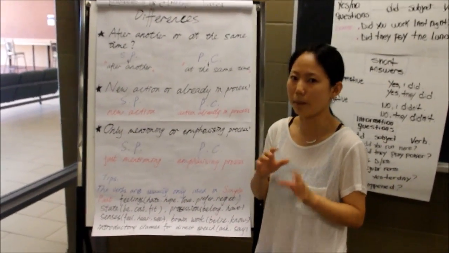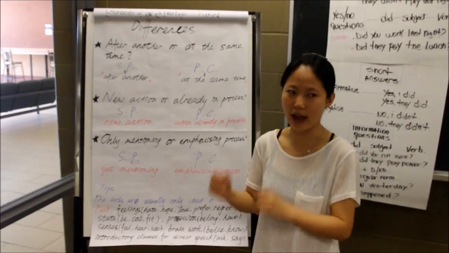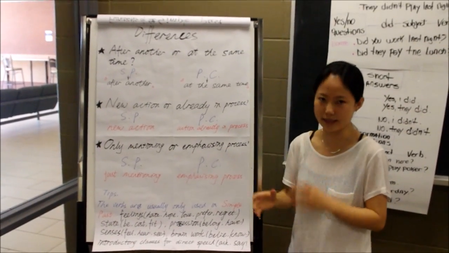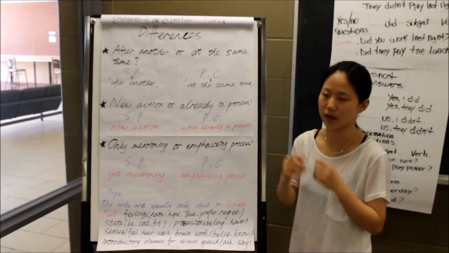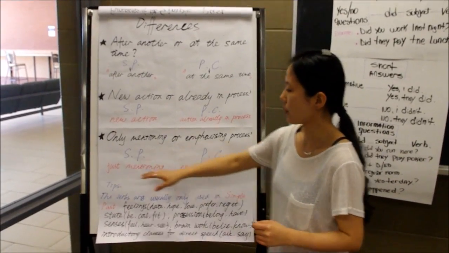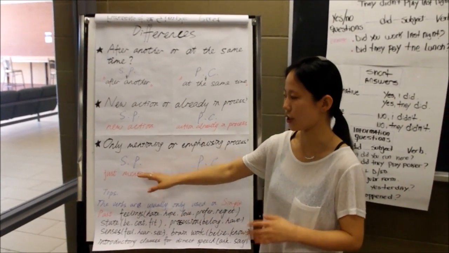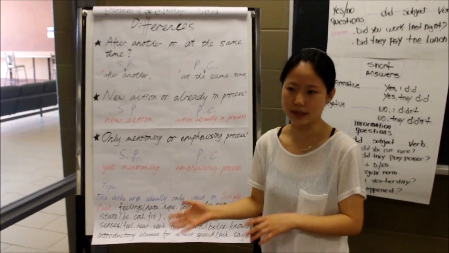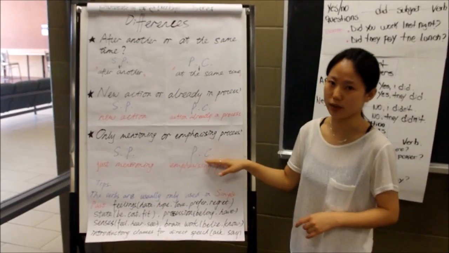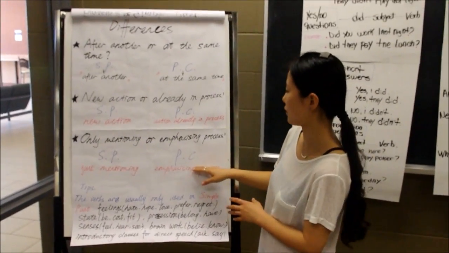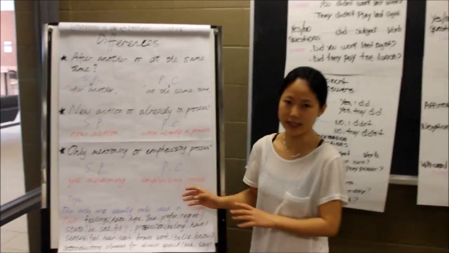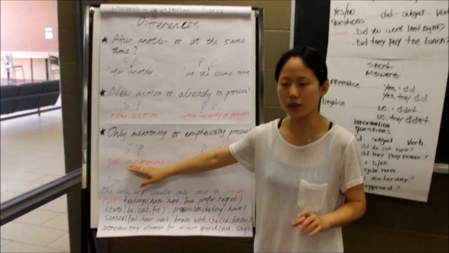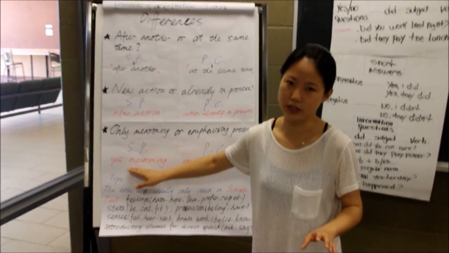The third one is, do you just want to mention something that happened in the past, or do you want to emphasize a process, what you did in the past time. The simple past is just used to mention something that happened in the past. The past continuous is used to emphasize the process that happened in the past. For example, he went to Paris last year.